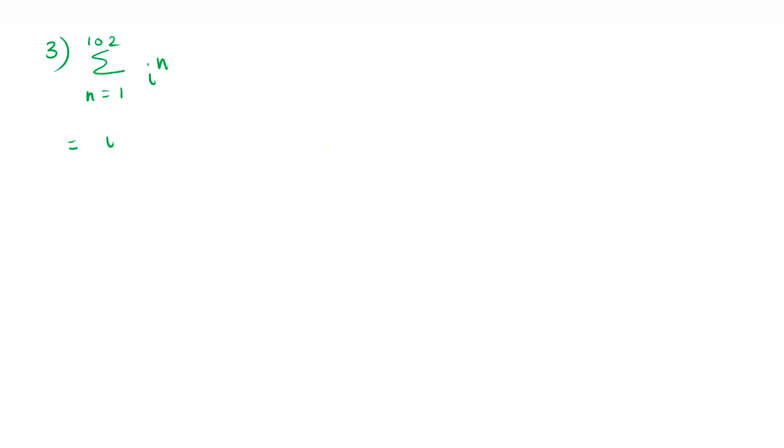So I power 1 plus I power 2 plus I power 3 plus I power 4 plus etc., I power 99 plus I power 100 plus I power 101 plus I power 102. Sigma means we have to add all the terms from 1 to 102. Now, from 1 to 102, how many terms are there? 102 terms are there.